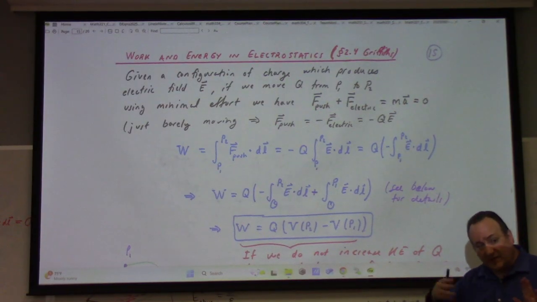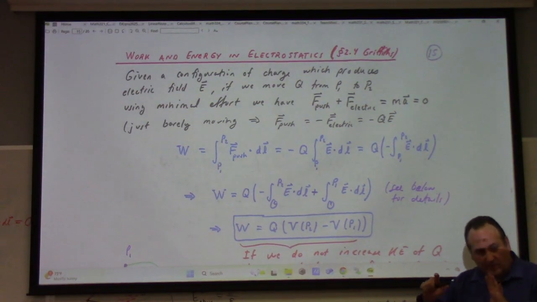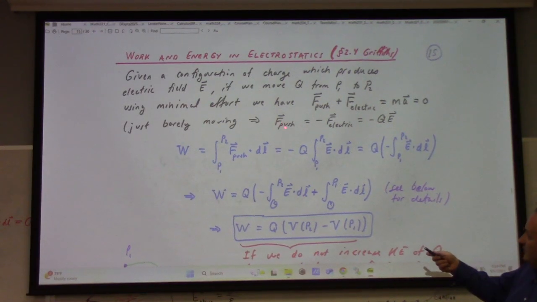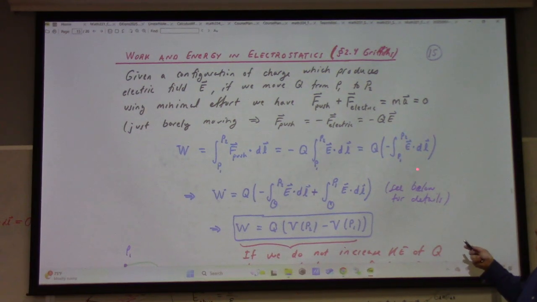If we just move it at constant velocity, just the minimum amount to nudge it along. So the pushing force is minus the electric force, but the electric force is QE, so minus QE. And so the work done is this, but once you put the minus in there, that's the potential difference from P1 to P2, which is pretty awesome. So that's why work is equal to the charge times the difference in potential. It's just the natural consequence of this circle of ideas.